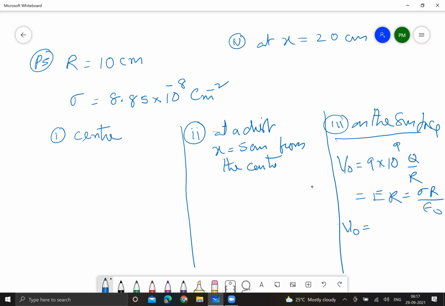So V naught will be sigma R by epsilon 0, which is 8.85 into 10 to the power of minus 8 into 10 to the power of minus 1 by 8.85 into 10 to the power of minus 12, epsilon 0 for vacuum. So it is 1000 volts.